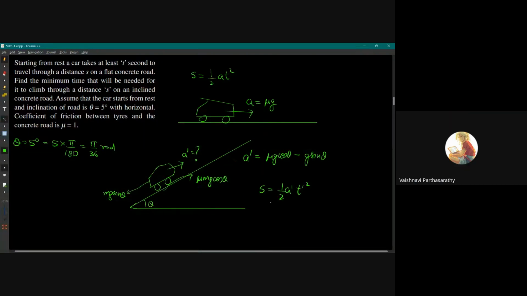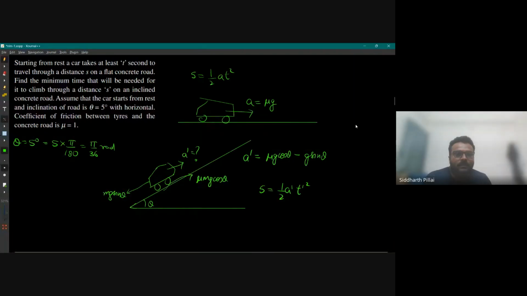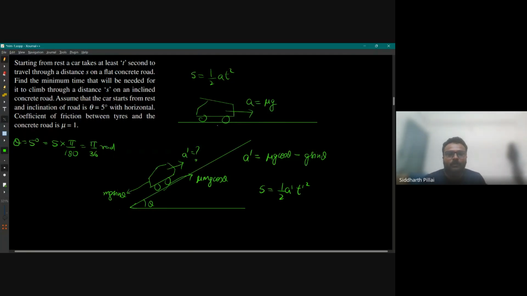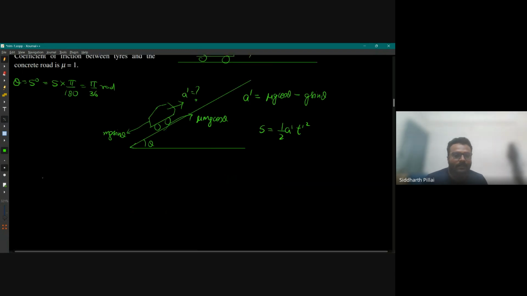So why is the maximum acceleration mu g? Because we're talking about a car, right? A car relies on the friction between the tires and the road. If it's an object like a rocket or something, that can have as big an acceleration; that depends on other factors. When we're talking about vehicles running on road, the forward force that acts is the friction force.